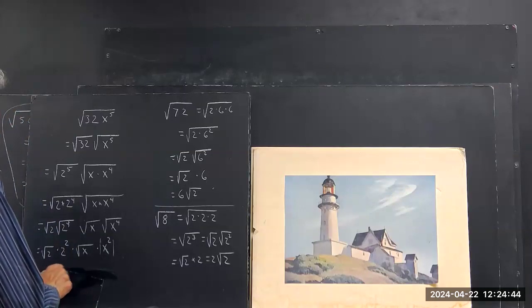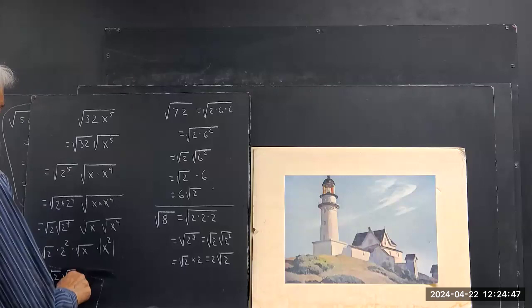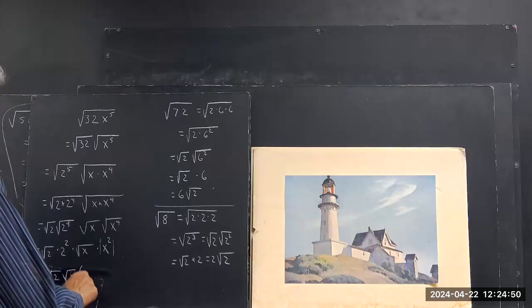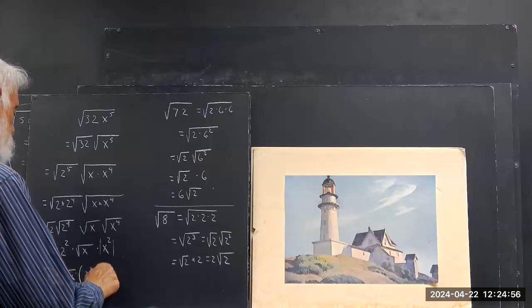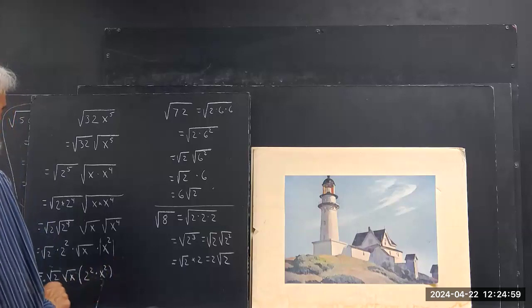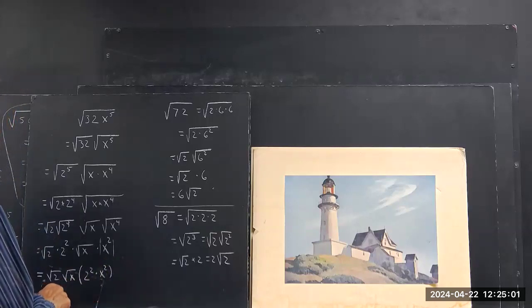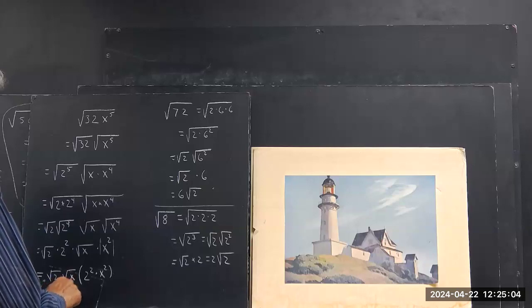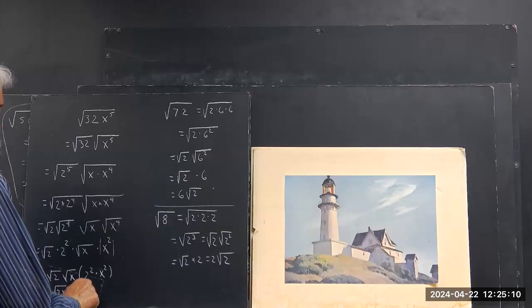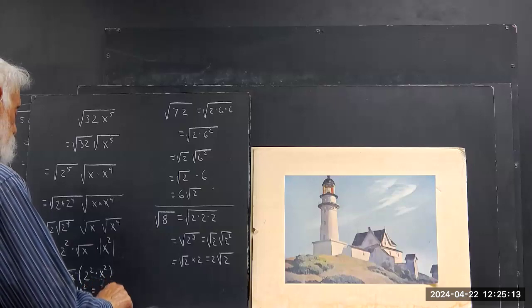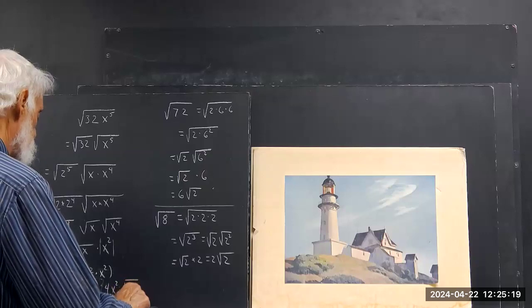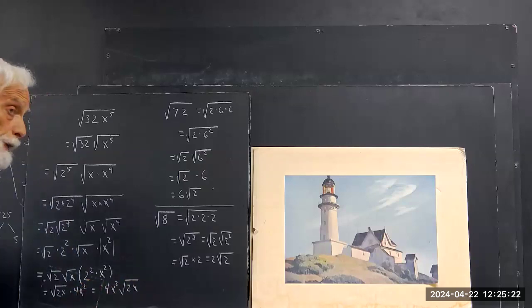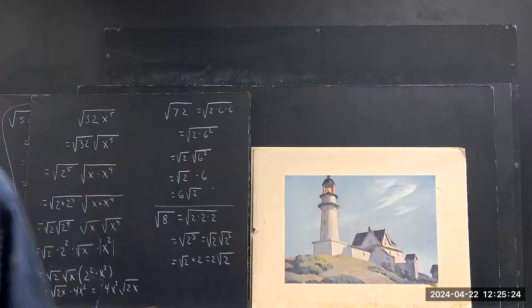Okay, we write the square root of 2 and the square root of x, and then that's times 2 squared times x squared, which equals the square root of 2x multiplied by 4x squared, and we write that in more standard order with the square roots on the end: 4x squared times the square root of 2x.